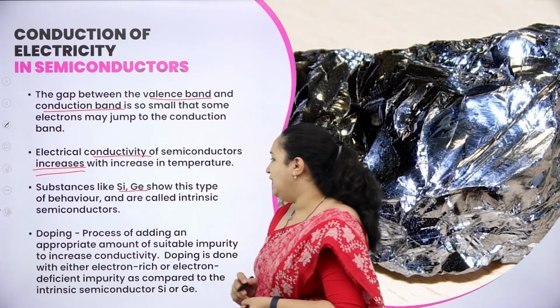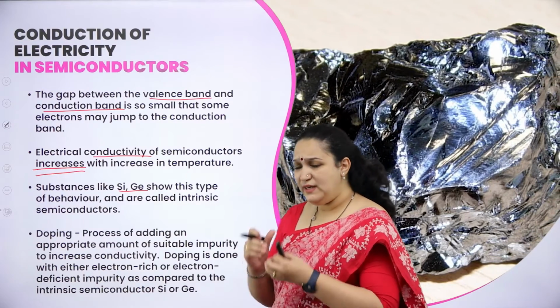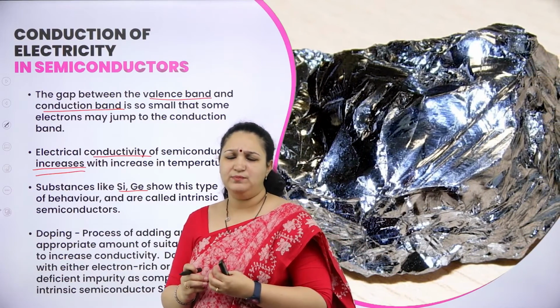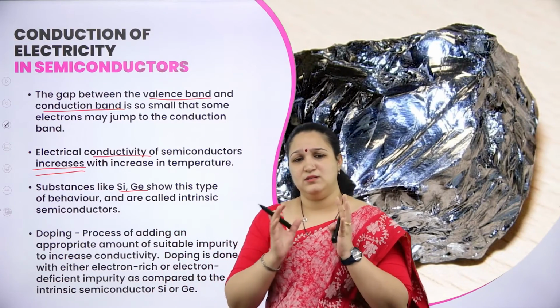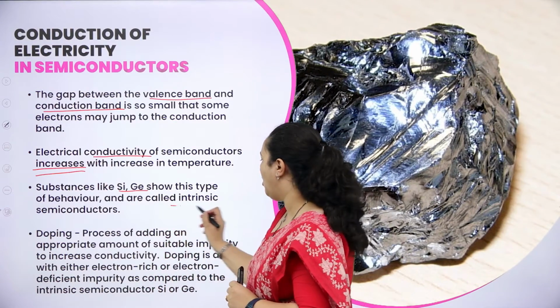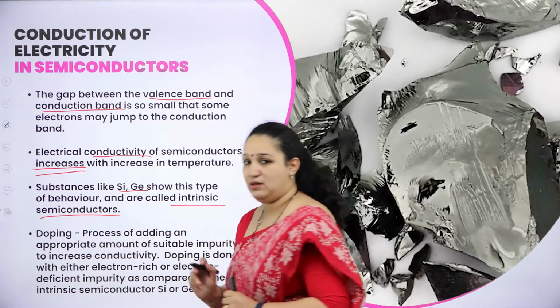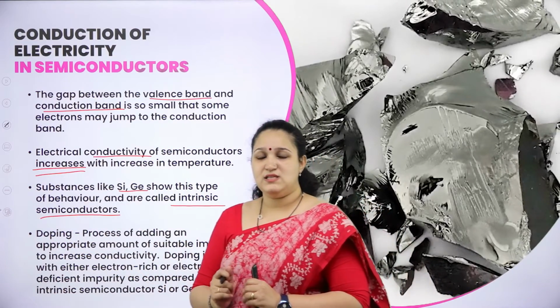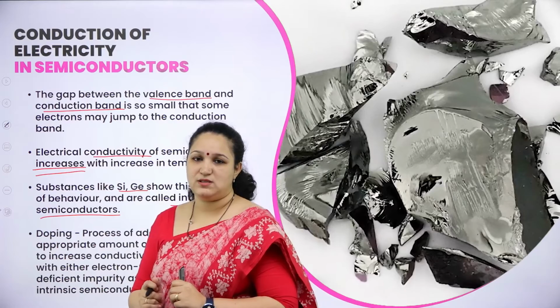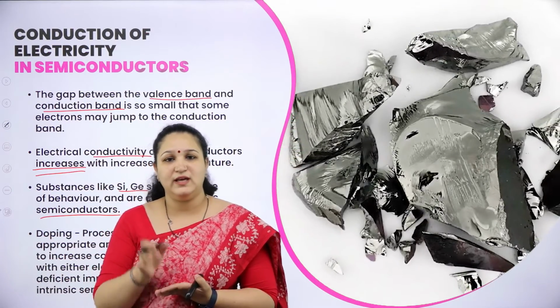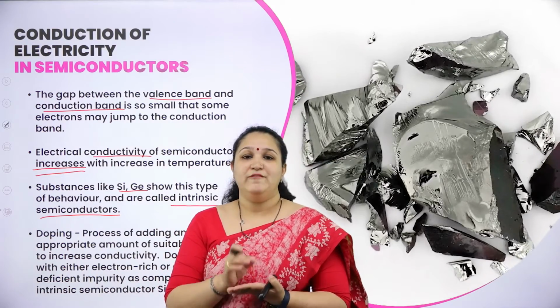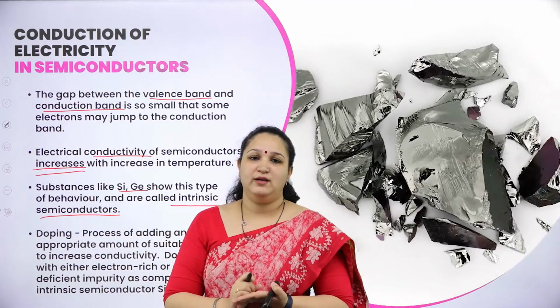Examples, silicon and germanium. Pure silicon and germanium have very low conductivity, and they are called intrinsic semiconductors. To increase the conductivity of intrinsic semiconductors, we can add impurity into them.